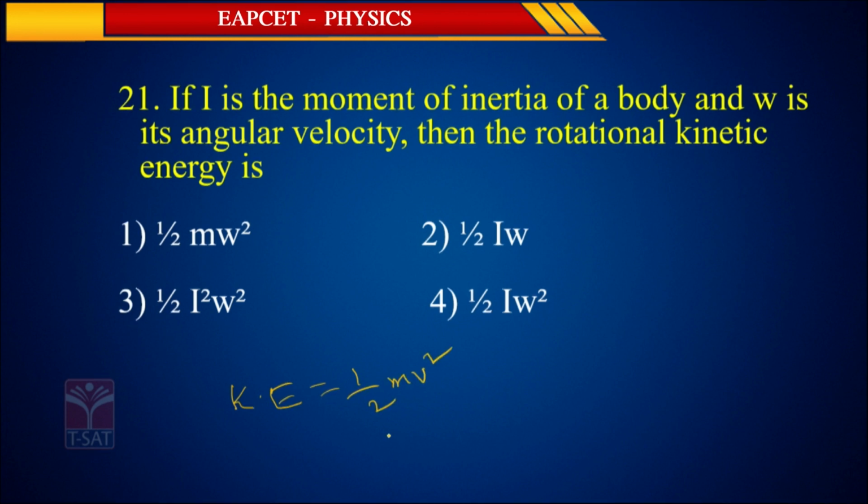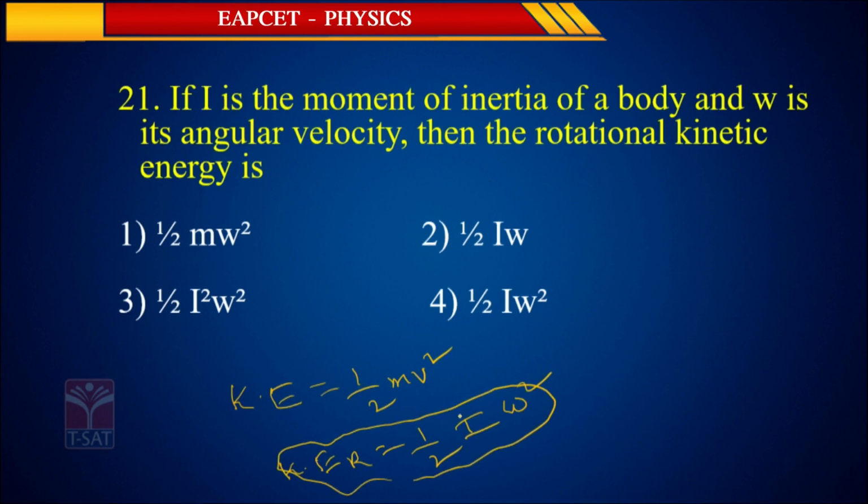But for rotational kinetic energy, at m place we take the moment of inertia I, since m is the mass and in rotatory motion the moment of inertia plays that role, and v is replaced by the angular velocity. Therefore, rotational kinetic energy is 1 by 2 I omega square. Okay, children, are you clear?